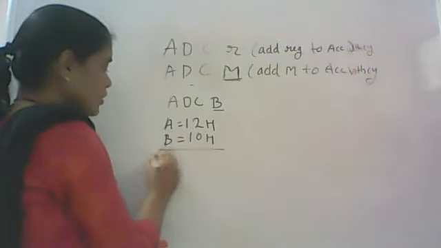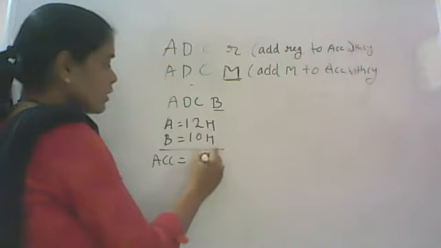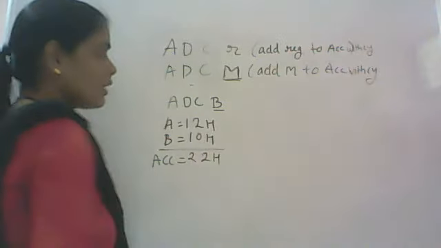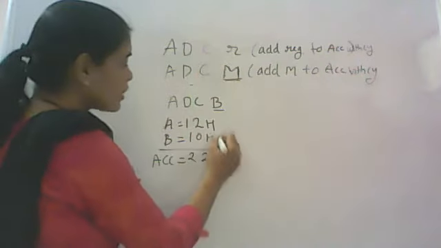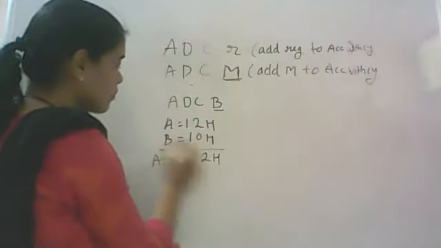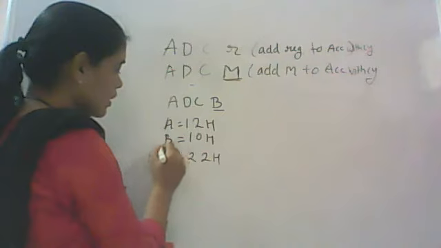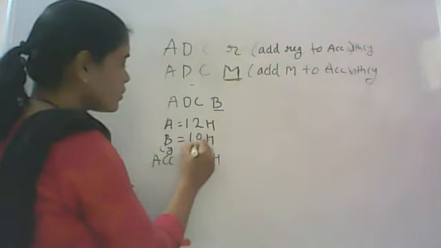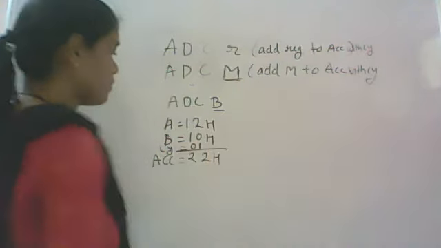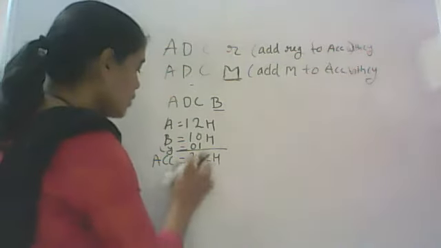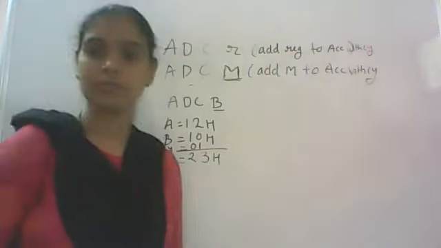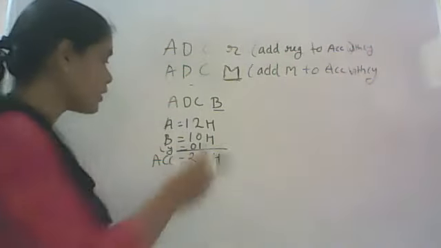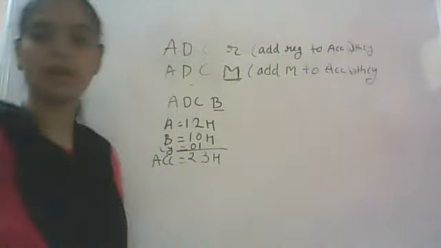So after execution, accumulator would contain 22 hex, but this is ADC with carry. If carry is 1, the accumulator contains 23 hex. Okay, accumulator contains 23 hex.